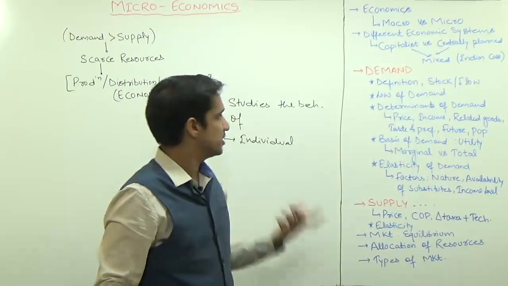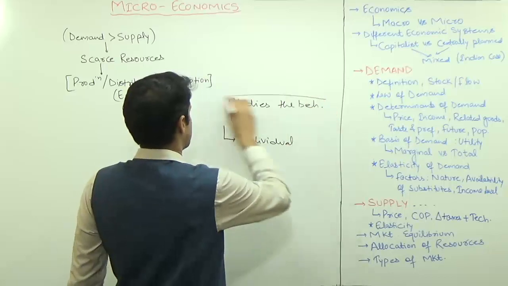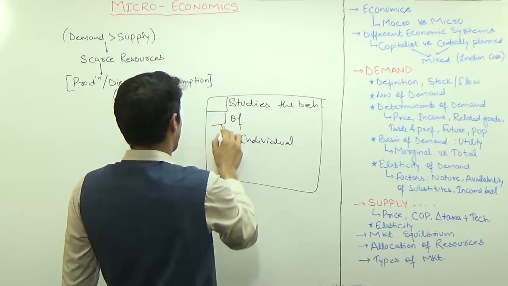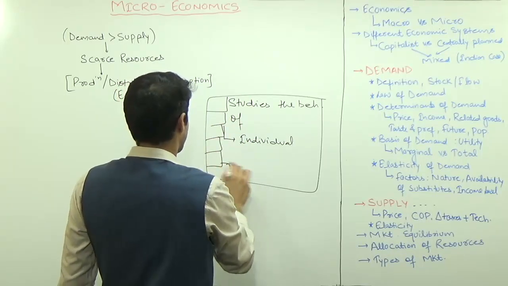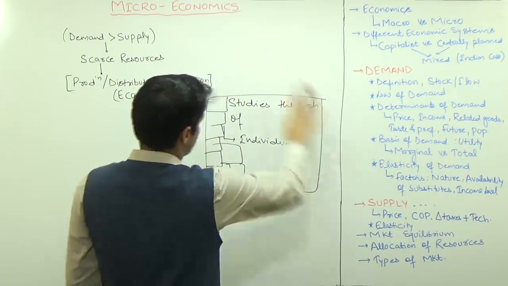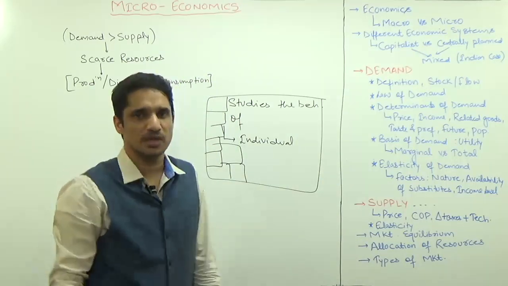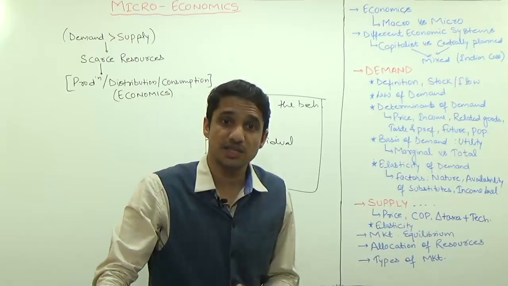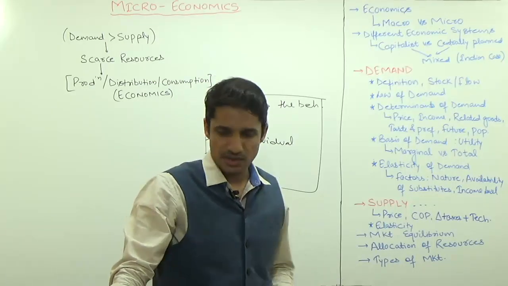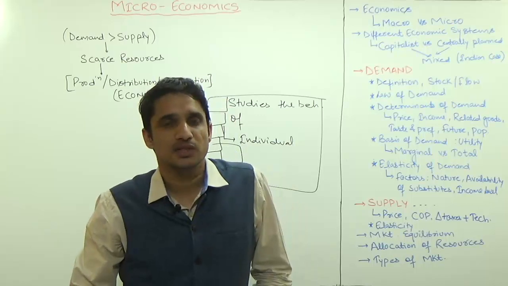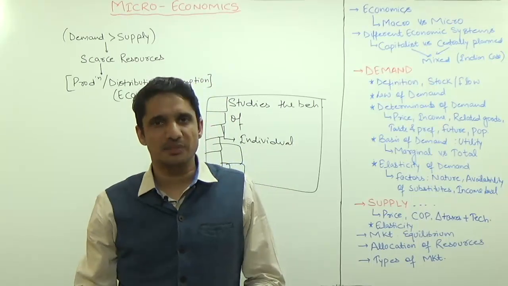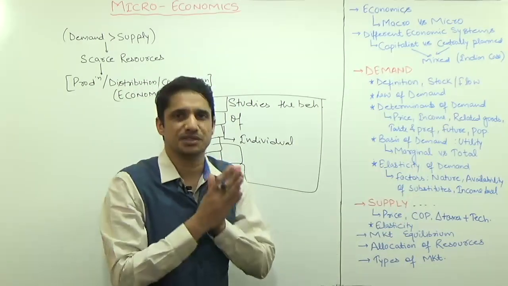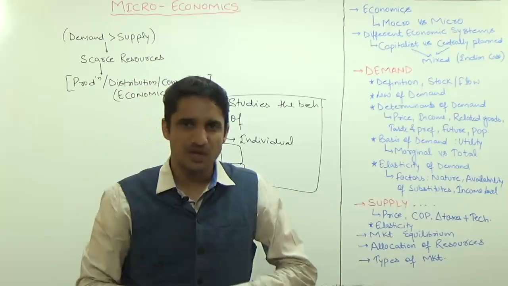And macroeconomics is when you study the behavior of a system as a whole. Under this macroeconomics, there will be small micro components. And if you are studying the full system as a whole, then that is known as macroeconomics. For example, if you are calculating the national income of India, the inflation, the total demand, the total supply of the economy, the total production of all the companies, that is known as macroeconomics.